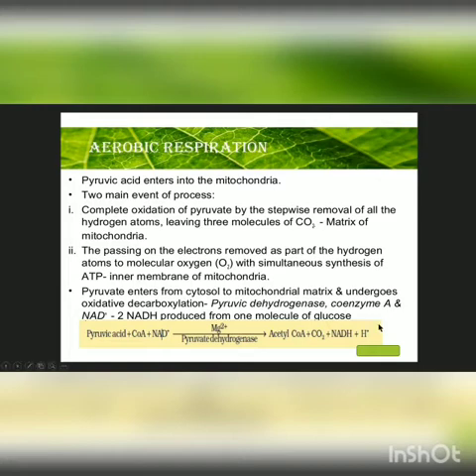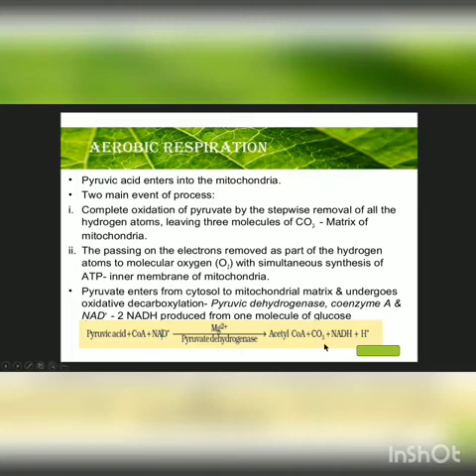And the NADH2 molecule formed in this process enters the electron transport system of the mitochondria to release the energy. So from here the synthesis of ATP starts. These NADH2 molecules formed here enter the ETS, that is the electron transport system, and then they release the energy.